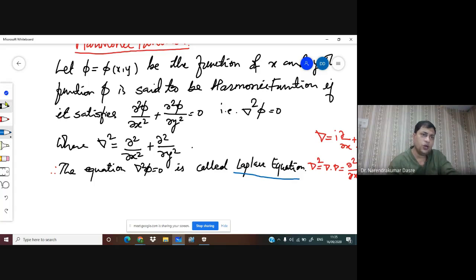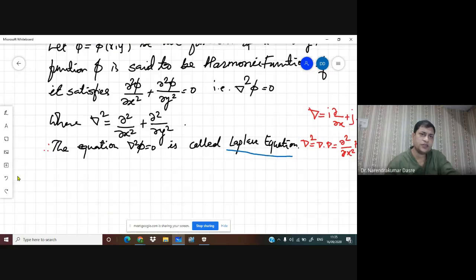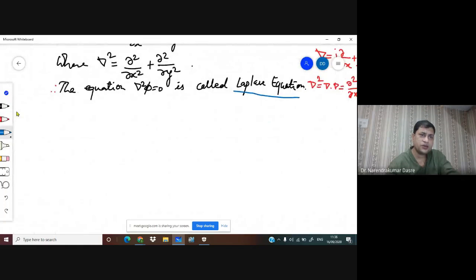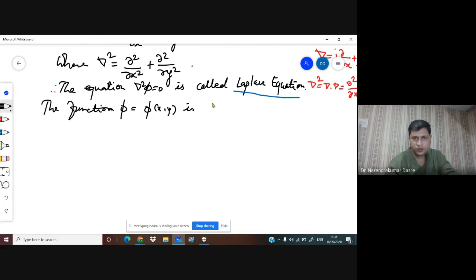Yes. So we can redefine this harmonic function as: the function phi of xy is said to be harmonic if it satisfies the Laplace equation.